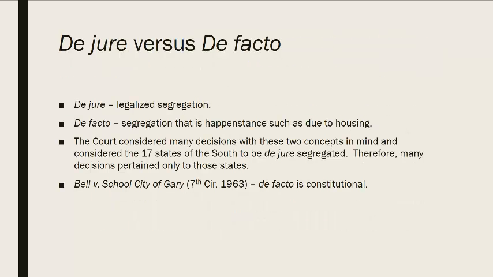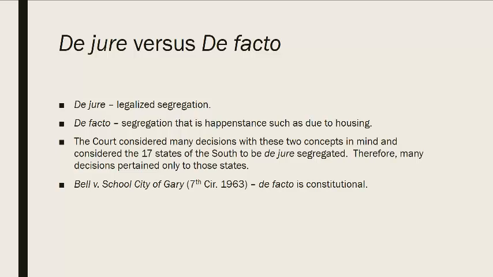So a couple of important terms here that we need to understand are de jure and de facto, because this is really going to start coming into play here. De jure and de facto mean if something is done by law or if something is done as a result other than law.